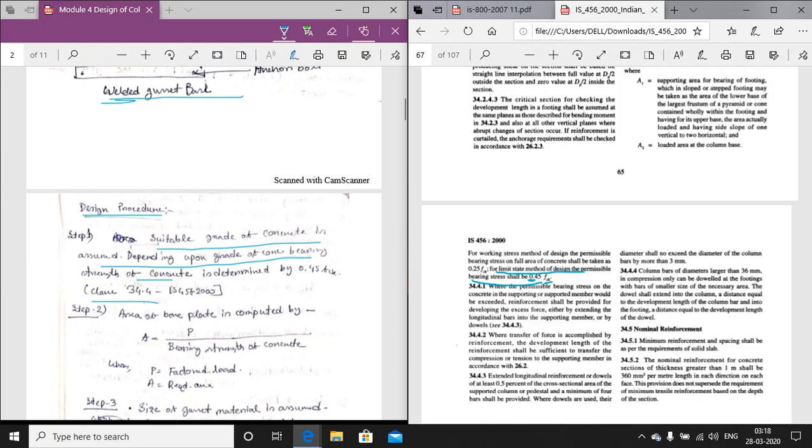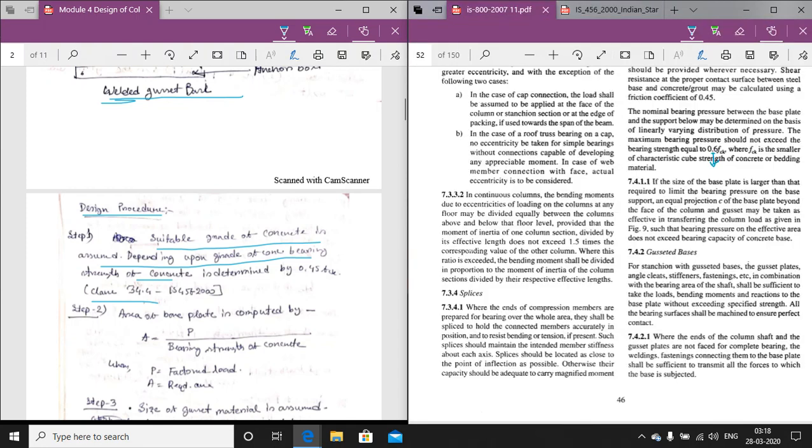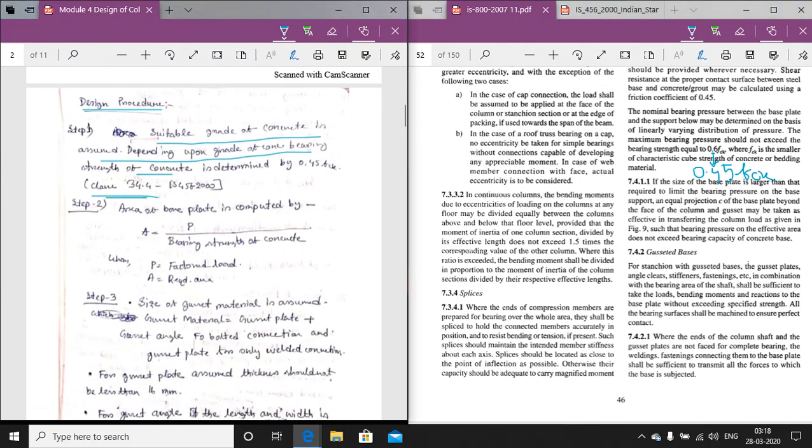As per IS 456, the value to be taken is 0.45 fck. That value is to be taken here. So 0.45 fck will be the value of the design bearing strength of the concrete. First, the design bearing strength is determined.